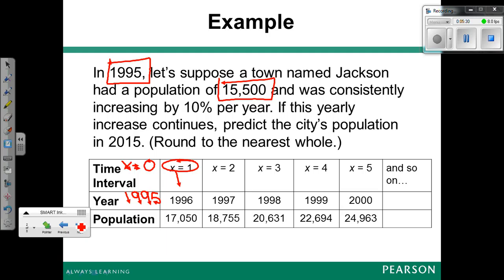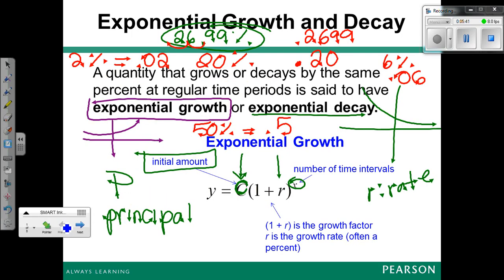To solve this one, we know it's increasing. So going back to our model, it's going to look like this. We're going to have the initial population, the population during the year 1995. Here we will have our rate, which will be a decimal, 0.10, and then x will represent the number of years.